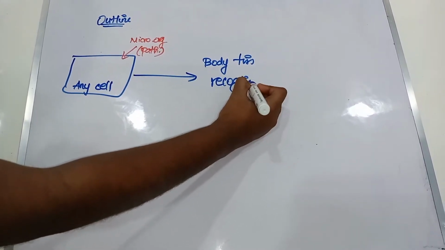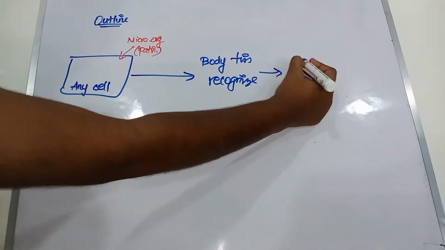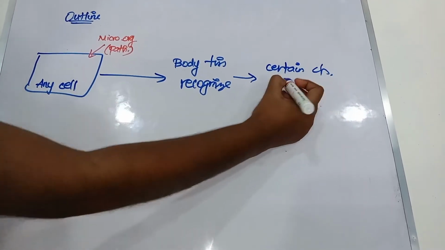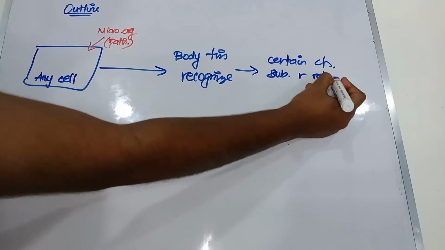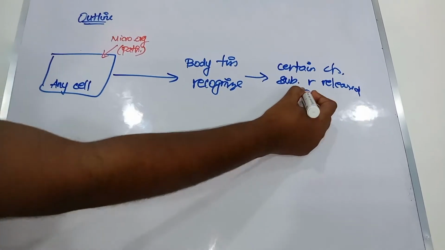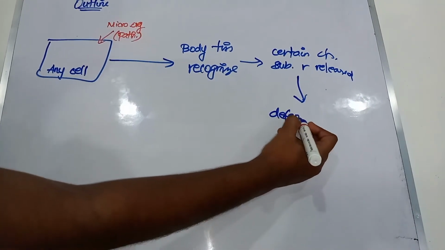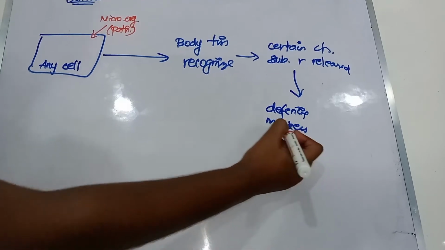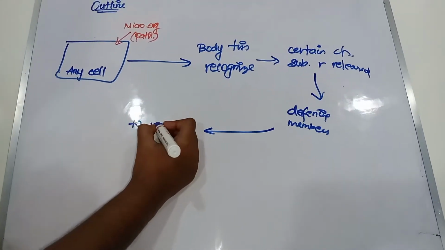Our body tissue recognizes it and releases certain chemical substances. So these chemical substances cause the defending members of our body to reach the site of infection.